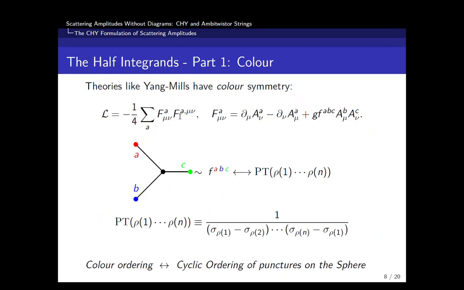This is related to the punctures via a cyclic ordering of punctures on our sphere, and this is encoded through the Parke-Taylor function. We have our punctures on the Riemann sphere, and they're undergoing a specific ordering in rho. So every time we see color or flavor in a theory, we're going to put this building block into our CHY amplitude. All right, so that's color done.